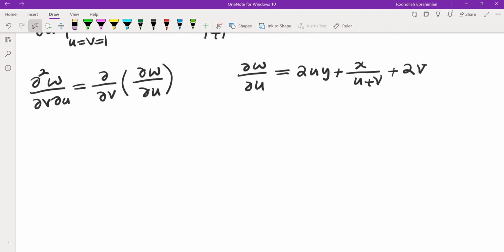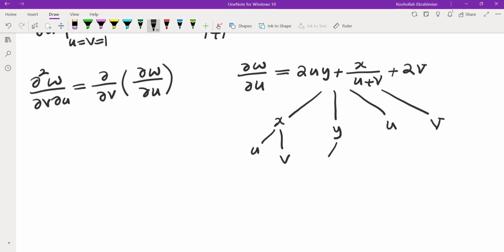Okay, so let's write this down. This function is a function of x, y, u, and v. We have all of these involved. X is a function of u and v, and y is also a function of u and v. So how many paths do we have that start from this function and end at u?